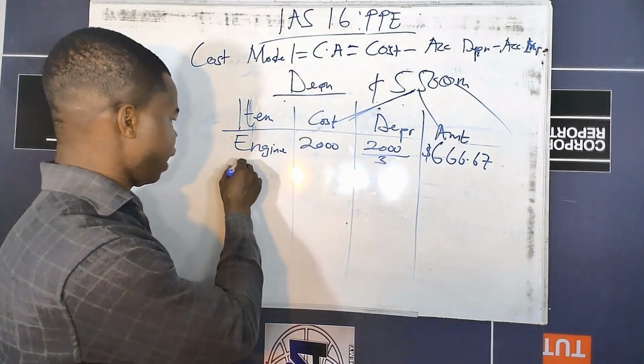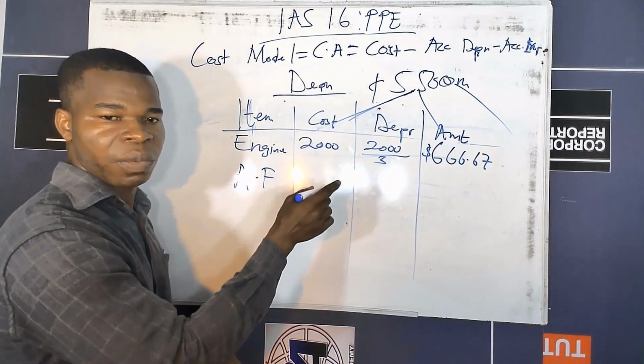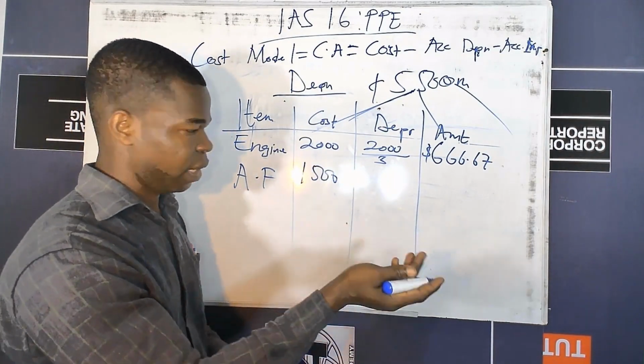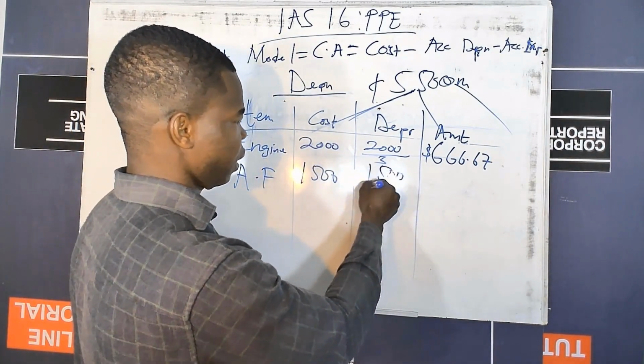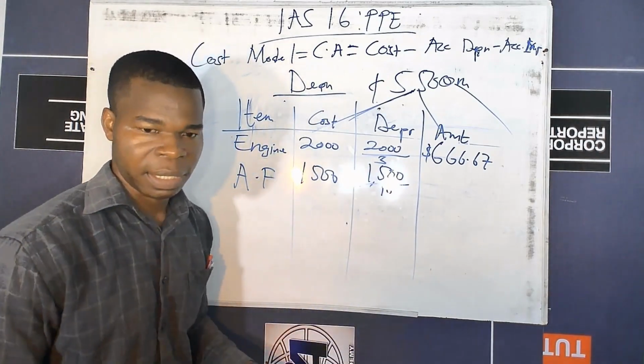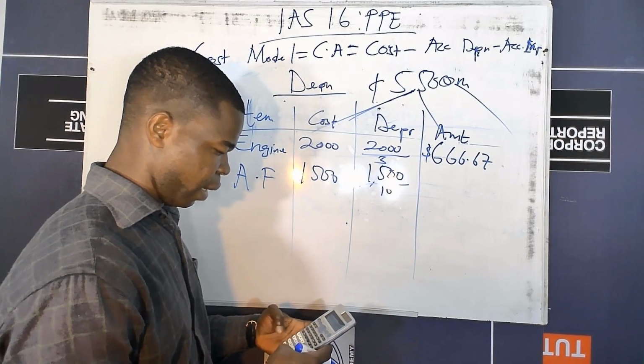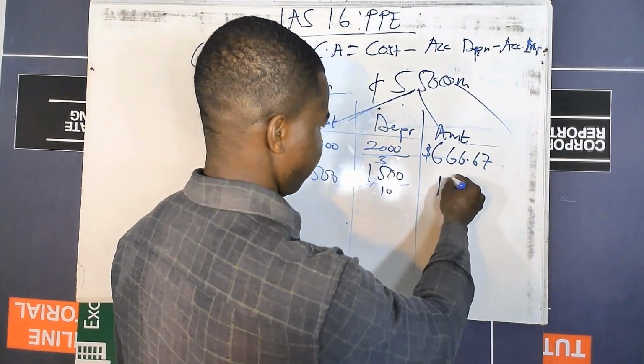And then we have the airframes, which is 1,500, having how many useful life? 10. So this is going to be 1,500 divided by 10, which gives us 150.